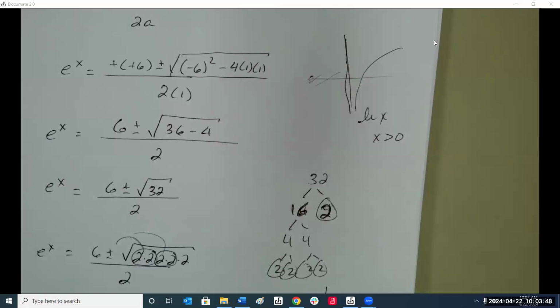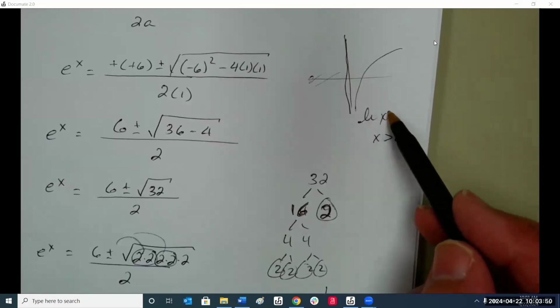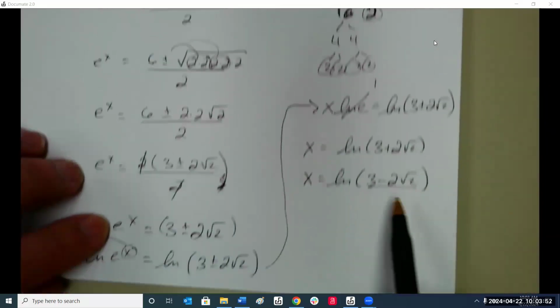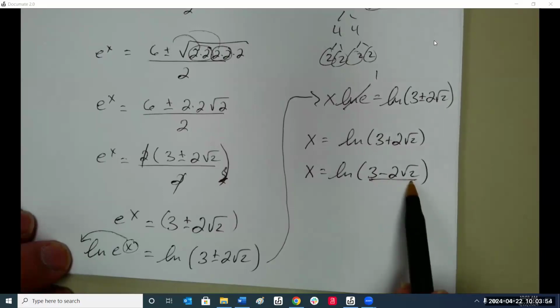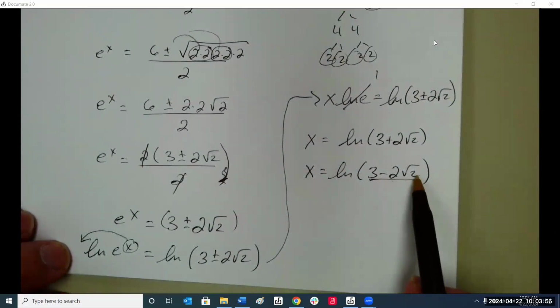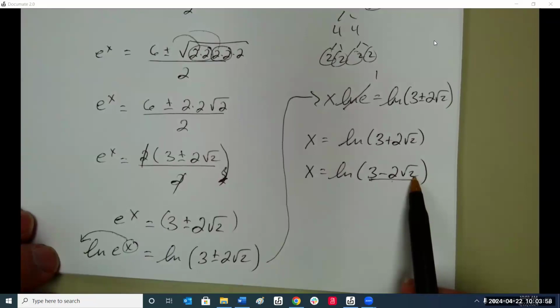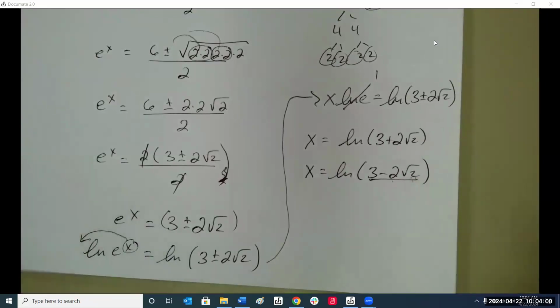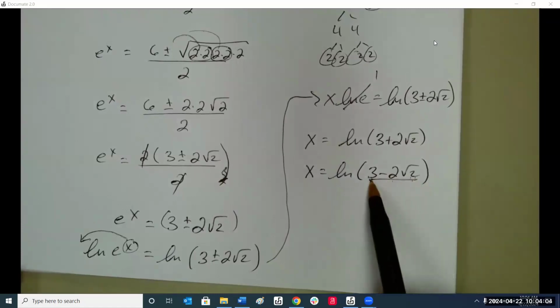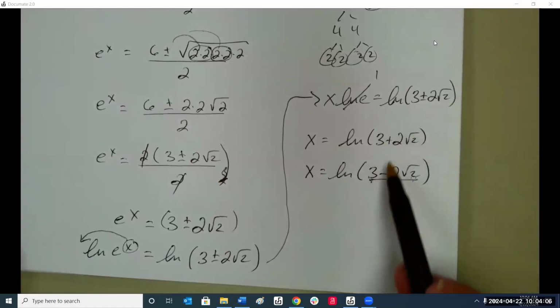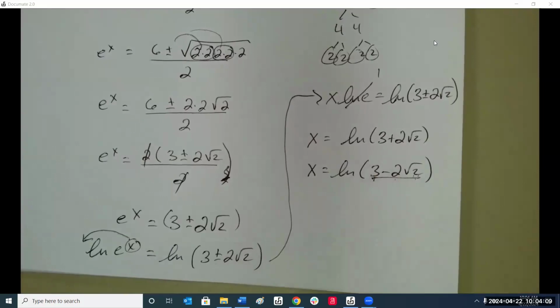Again, if you remember the graphs, what they look like, it helps us determine our domain. So as long as this number here is positive, we're in good shape. Since 2 radical 2 is close to 1 point something, 1.2, 1.3, which is less than 3 if I multiply by 2. So these are both going to work. So those are my solutions.